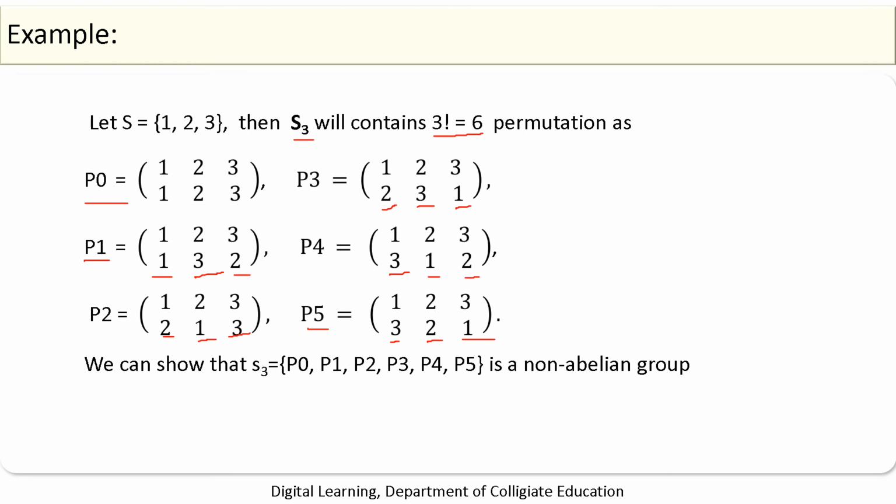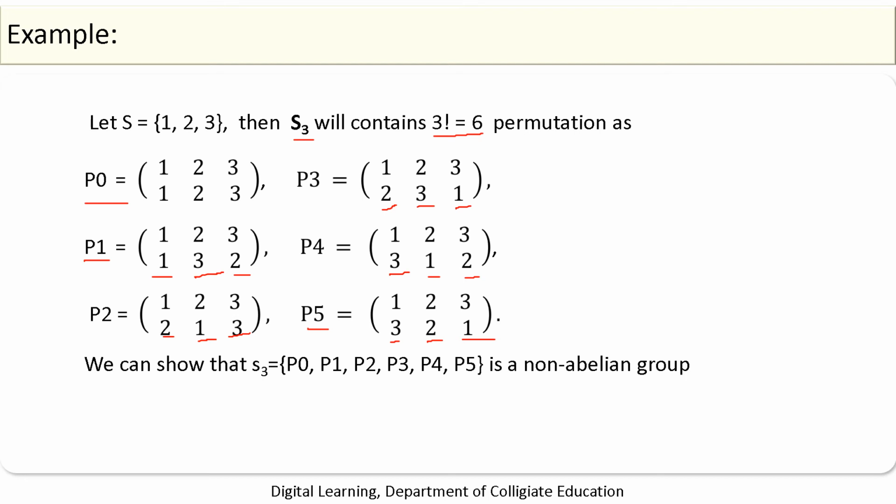And we can show that, as we have said above, the product of any of the permutations you take will not satisfy the commutative property. That means it is said to be a non-abelian group.